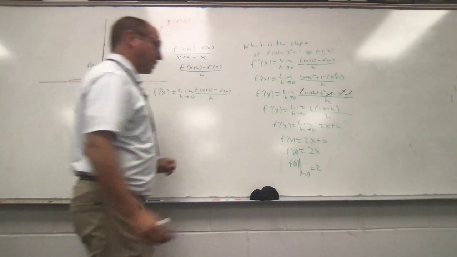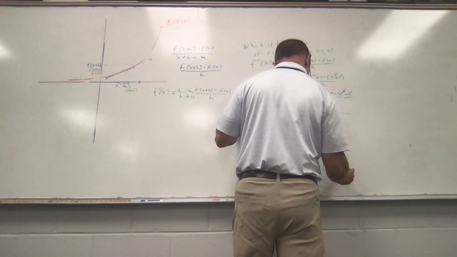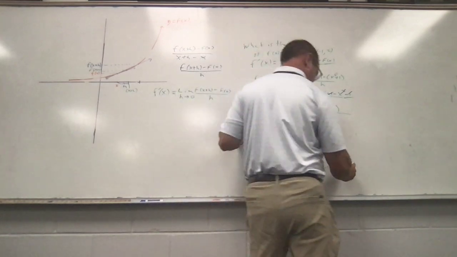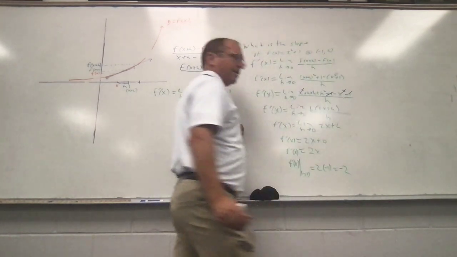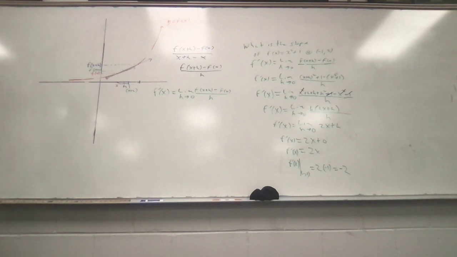So it's just going to be 2 times negative 1, which is negative 2. So my slope here is negative 2.